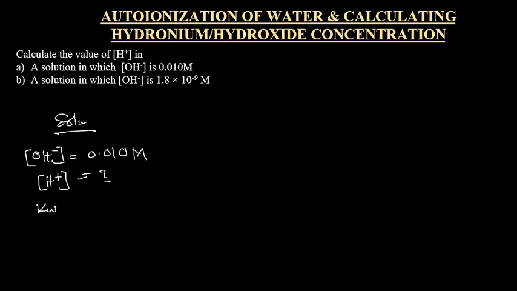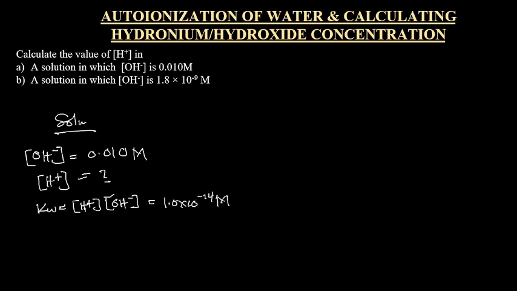We'll use the Kw expression, which says that H plus concentration times OH minus concentration should be equal to 1.0 times 10 exponent minus 14 molar.